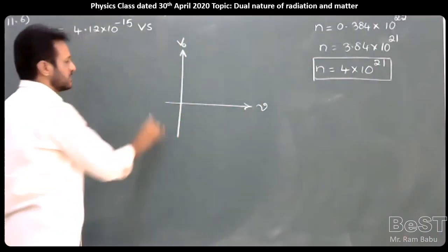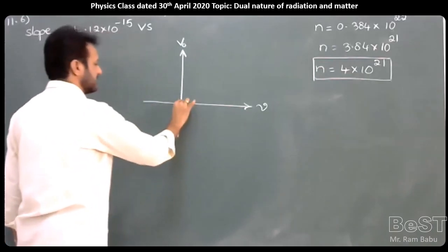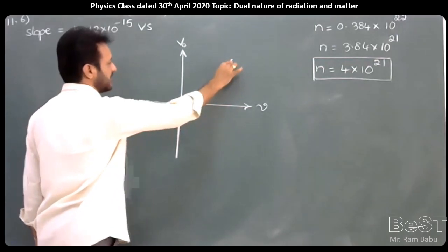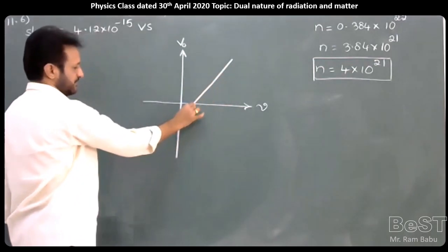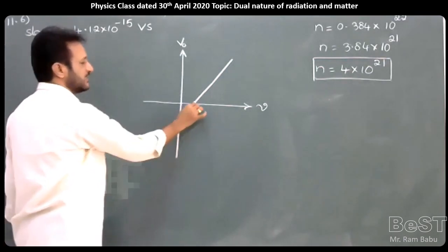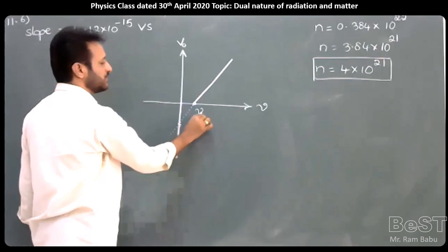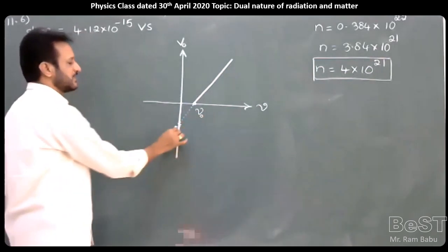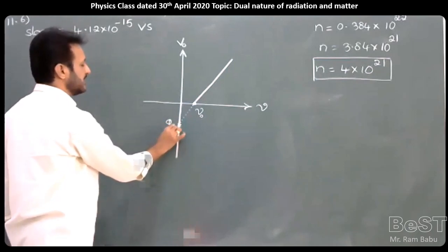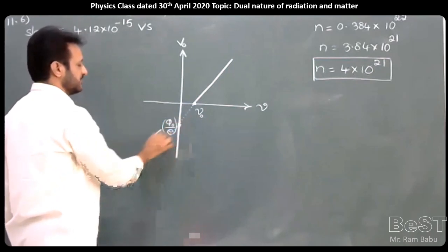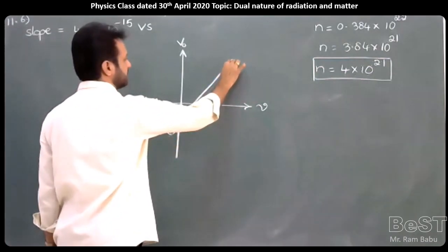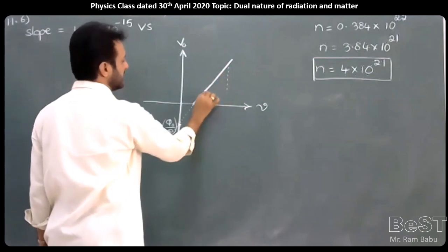The nature of the graph is a straight line like this, which has an x-intercept and a y-intercept. The x-intercept of the graph gives the threshold frequency. The y-intercept gives phi naught by e, which is the work function. But the slope of the graph, if you calculate, we will get h by e.